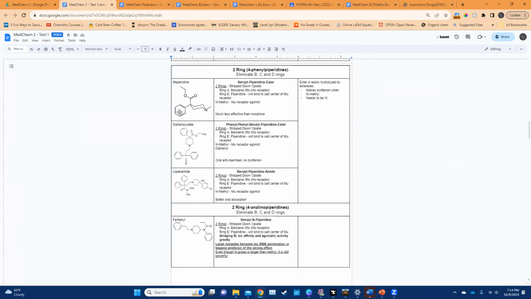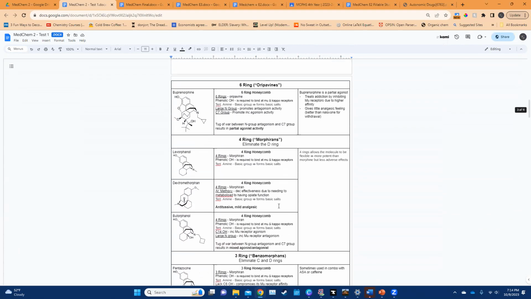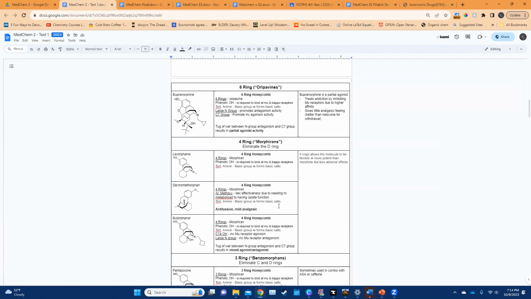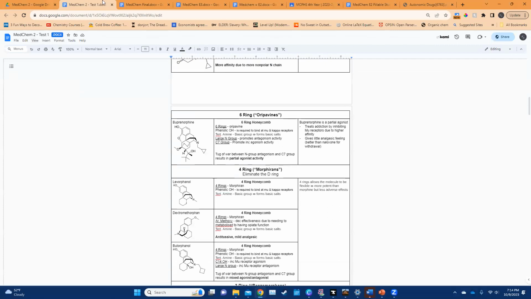So this format, if you're able to work with it and make it make sense, is going to really, really, really help you. Any questions about this format?